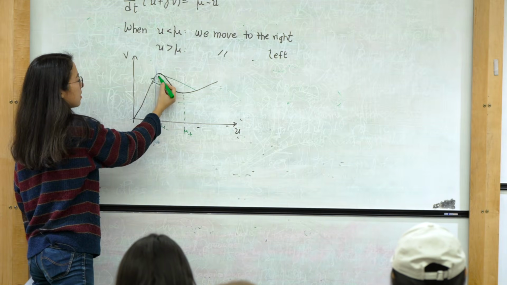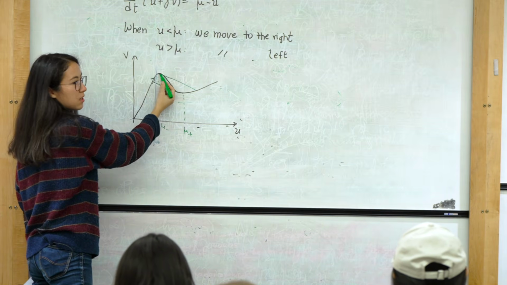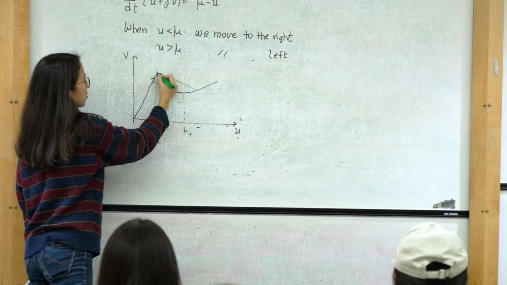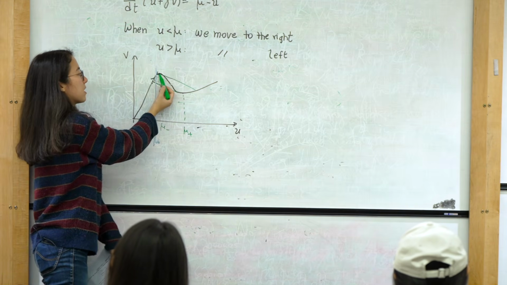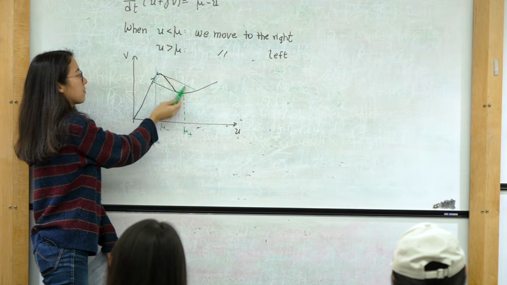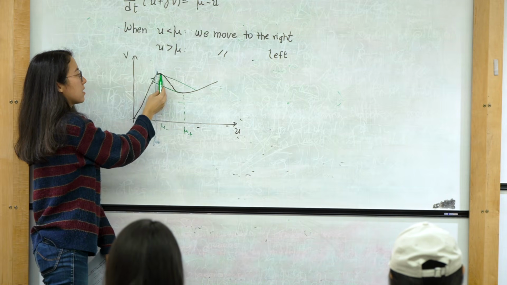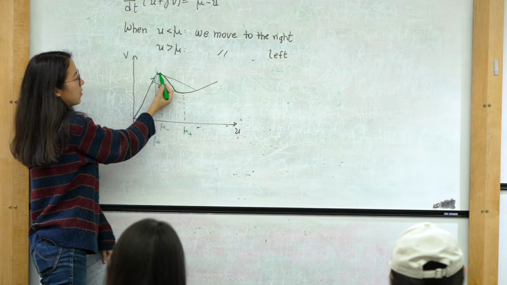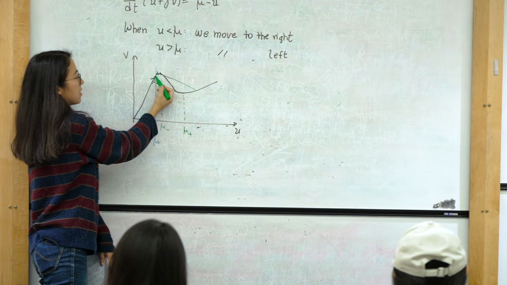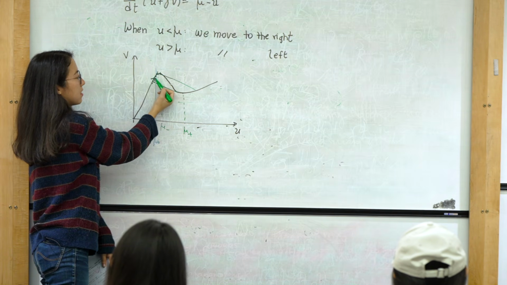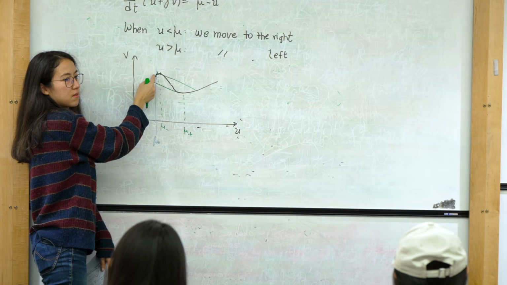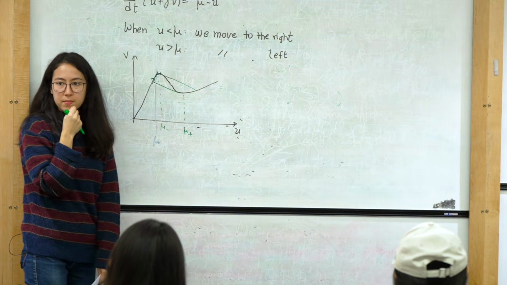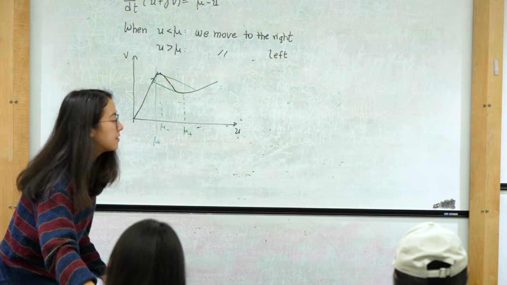So I have to be restricted in this very small region over here. So you go left there. You see what I mean? So there is the fixed point, which is the intersection of these two nullclines, basically, which is here. And then I'm looking at what is happening in this very small region over here. And I'm saying I will basically be trapped in this equilibrium point. You see what I mean? Okay, great.